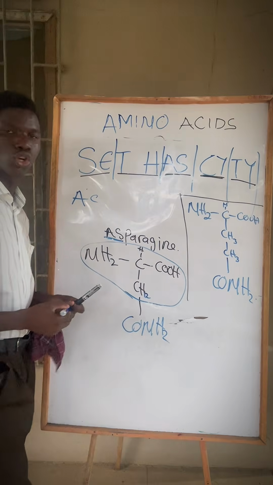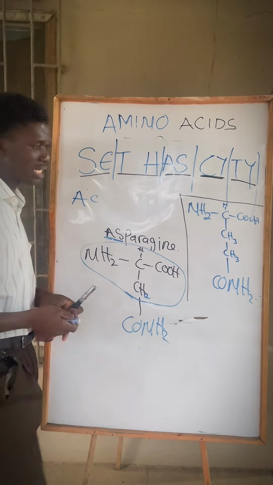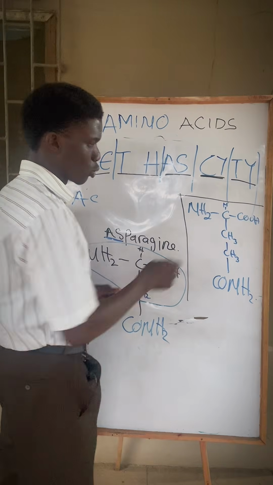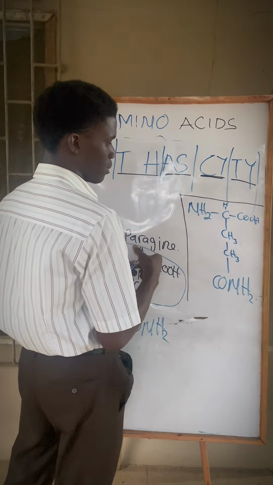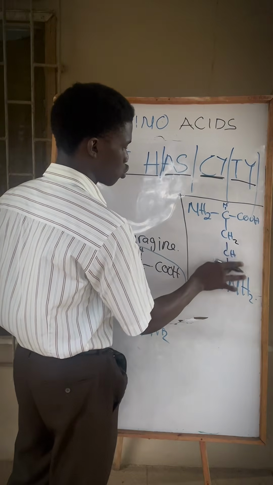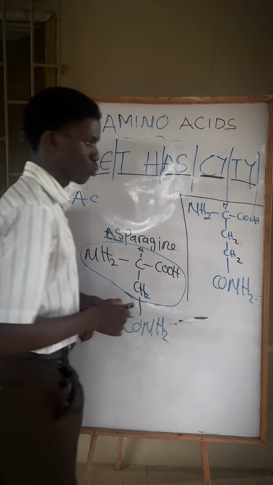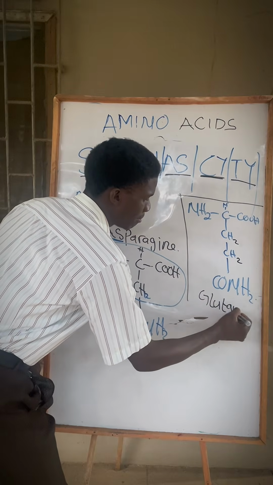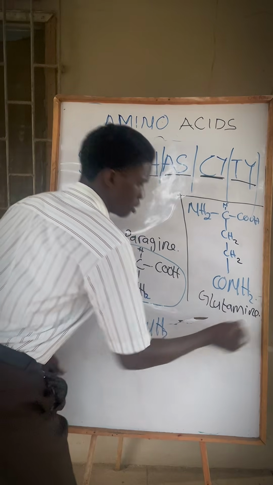That's all. So this is glutamine. Do you understand? This is glutamine. I hope you understand it. But let's balance the bonds. So this one should be CH2. This one should also be CH2. So this is your glutamine.